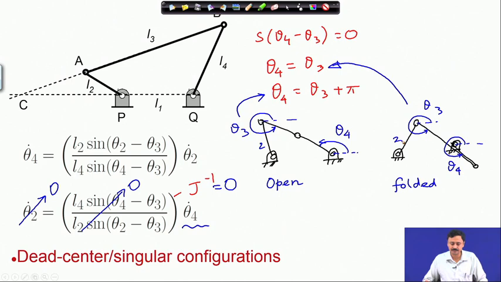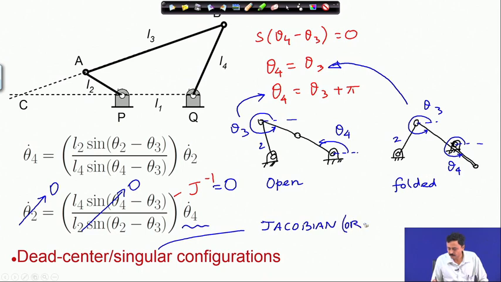So, these are the dead center configurations which we have discussed before, and these are also singular configurations for the reason that now you realize that these are the singularities of the Jacobian. So, singular configurations always imply that these are the singularities of the Jacobian, or its inverse.